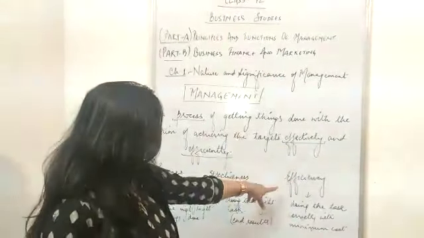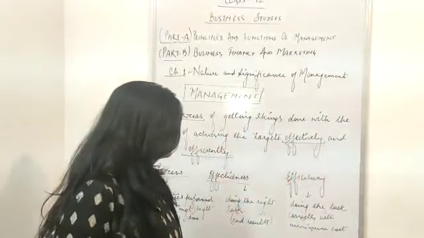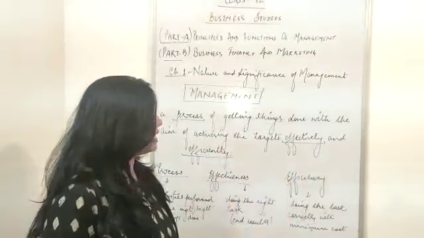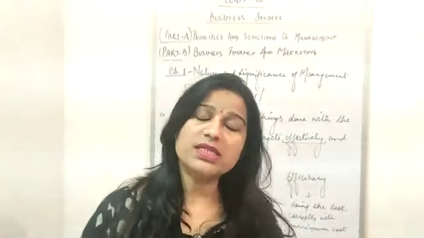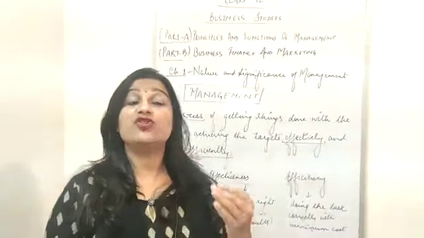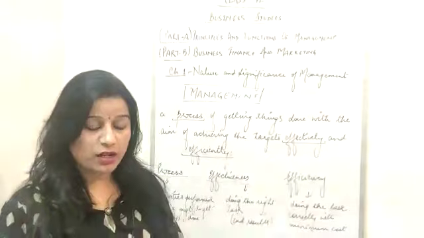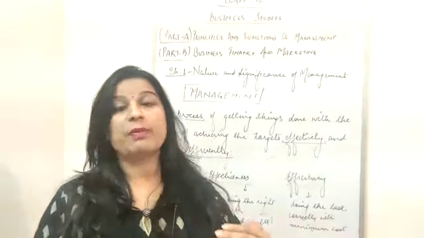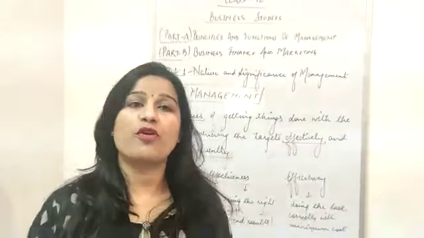Okay, then comes efficiency. Efficiency, the third element of management, means doing the task correctly with the minimum cost. Students, efficiency here means doing the task but trying to keep the cost minimum so that the production cost can be minimized, which will automatically lead to increased profits.